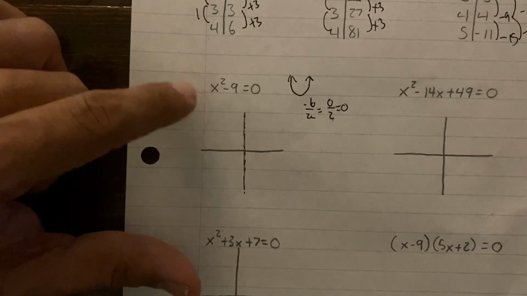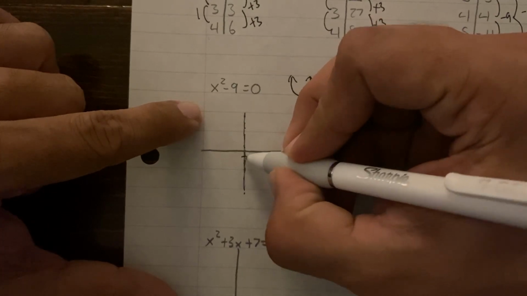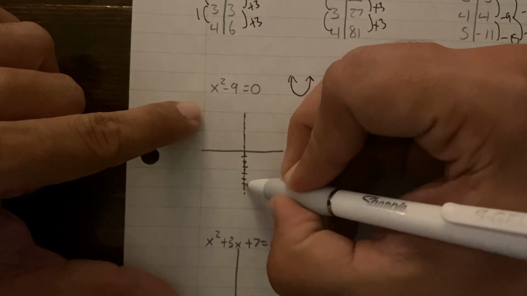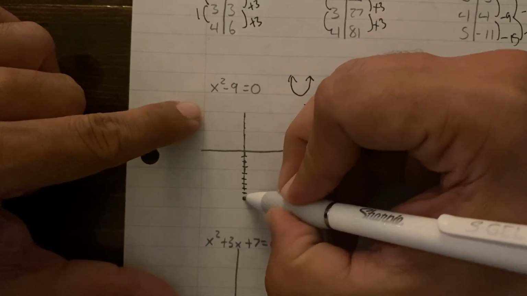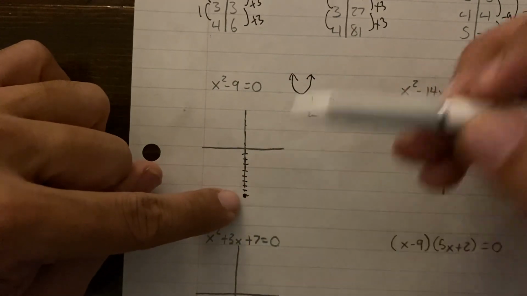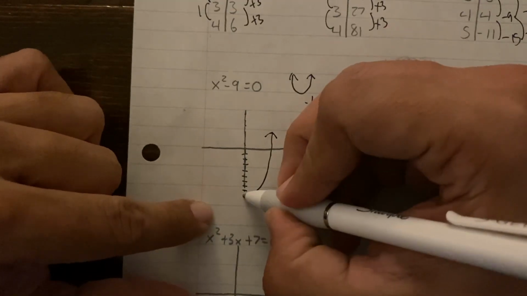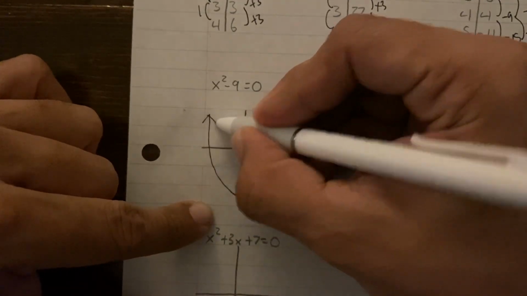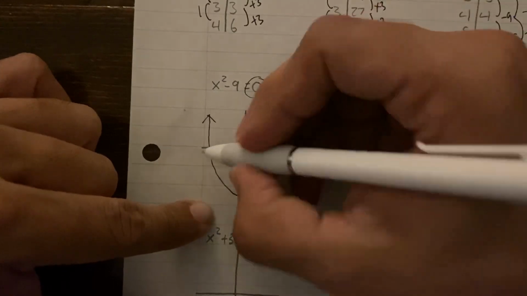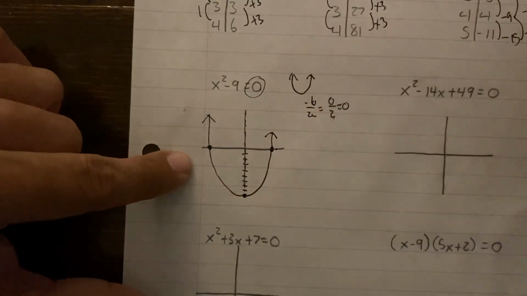Okay, so now we have to find the vertex. So we're going to plug in 0 and we're going to get negative 9. So 1, 2, 3, 4, 5, 6, 7, 8, 9. Here it is. So I know it's down here and it's shaped like a U. So I know it is going to have the solution of 0 2 times. See how it hits it twice?